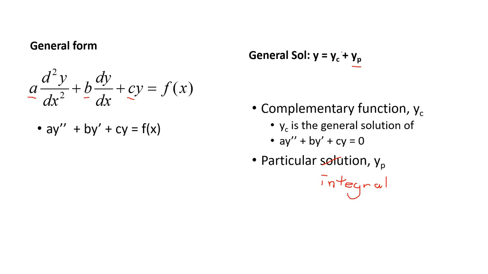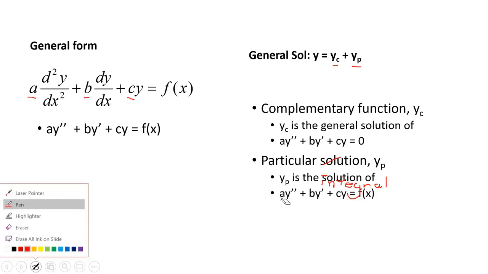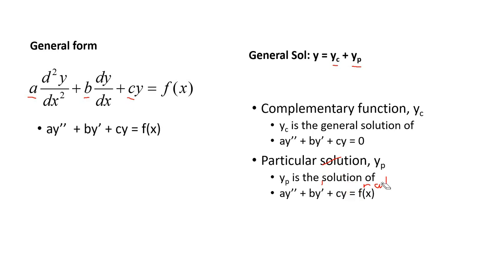So you have learned yesterday how to find the homogeneous solution, which is the yc part. Now we are going to learn how to find this particular integral. Actually we have two methods to find it, but what we will learn is only the first method, called the method of undetermined coefficients.